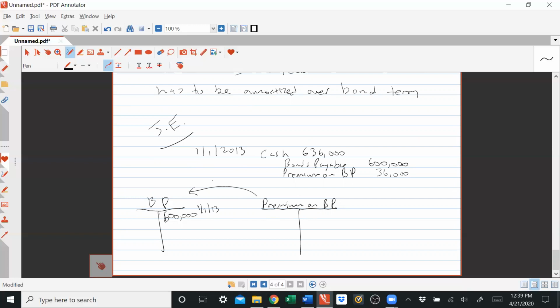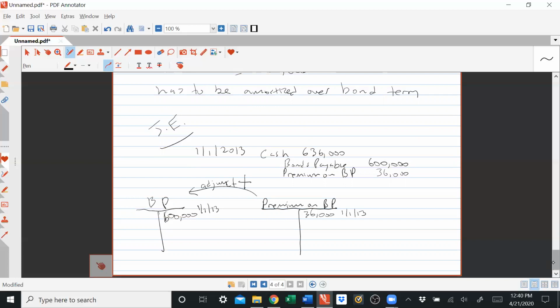It increases the balance in bond payable. It has a positive relationship to the bond payable account. A contra account decreases the balance in the account that it's contra to. Because it's an adjunct account, it has the same normal balance. So it starts off with a credit balance, $36,000 on January 1st, 2013.